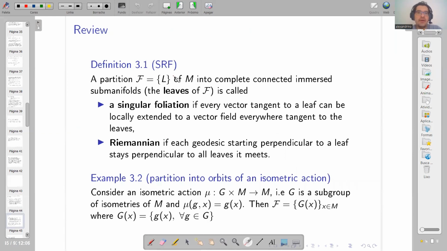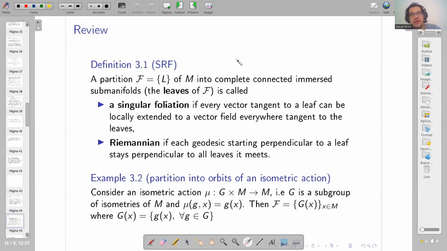So let us start by recalling a few concepts that we saw in previous lectures. A partition of a manifold M into complete connected immersed submanifolds, the leaves, is called a singular foliation if every vector tangent to a leaf can be locally extended to a vector field everywhere tangent to leaves.